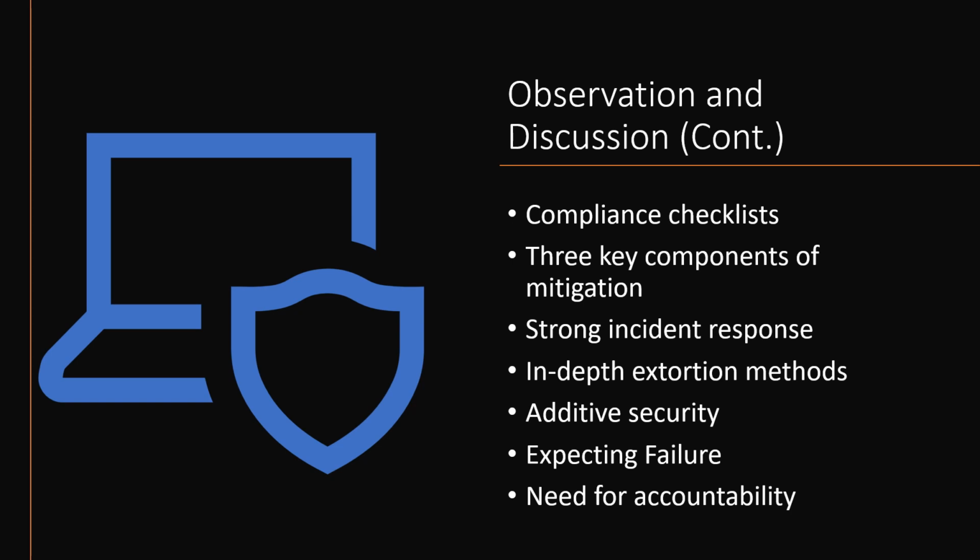Three components to mitigation that were released by CISA are prevention, response, and recovery. Prevention is having systems be up to date, protecting passwords, and having good basic security practice. Response is having response plans, being able to respond quickly and accurately to attacks and prevent the damage done during the attack as it's happening.